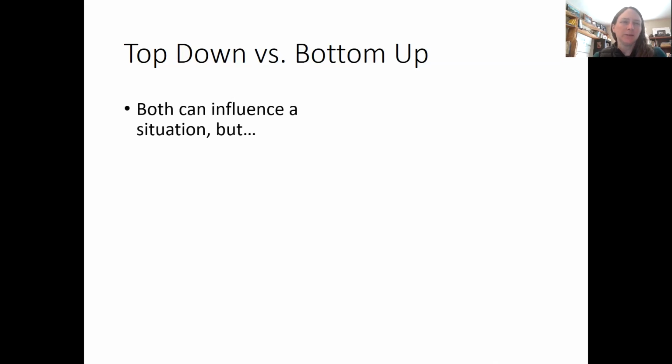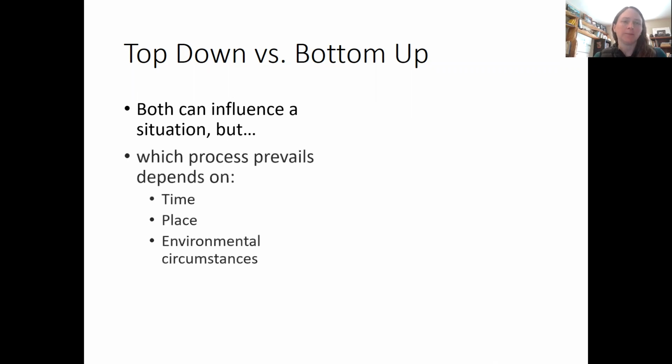This is a little different than bottom-up influences, where if you grow more green stuff to eat, then you can support more primary consumers, and then those primary consumers can support more secondary consumers and things like that. So both top-down and bottom-up influences in communities can change them. But which process prevails can depend on a variety of factors.